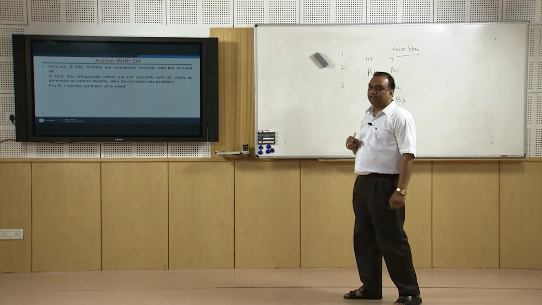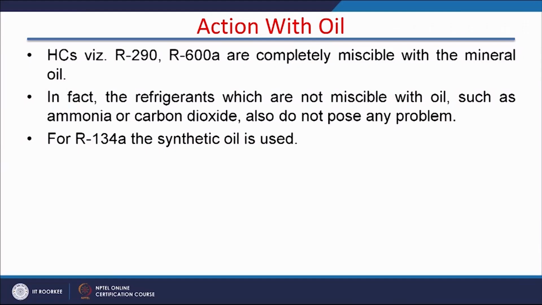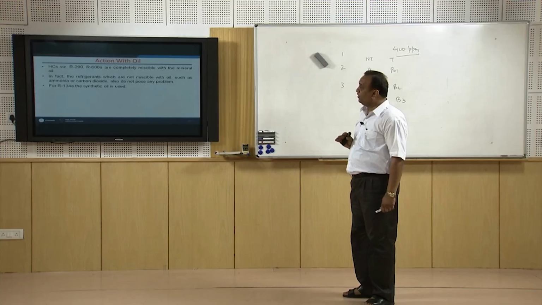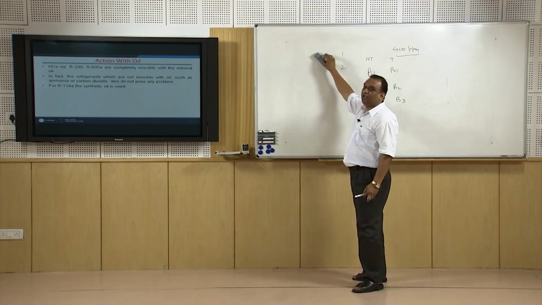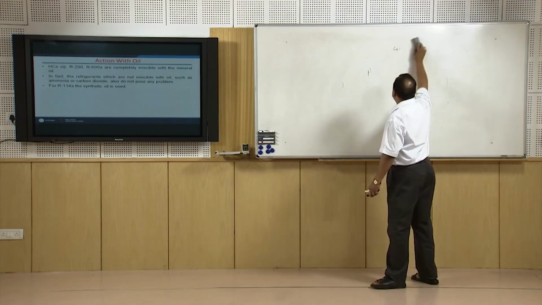Now, action with the oil: the refrigerant should not react with the oil. Some of the refrigerants which are hydrocarbons are completely miscible with the oils. Ammonia is not miscible with the oil, that is the issue with ammonia. R134A is also not miscible with the oil, meaning mineral oil, natural mineral oil.